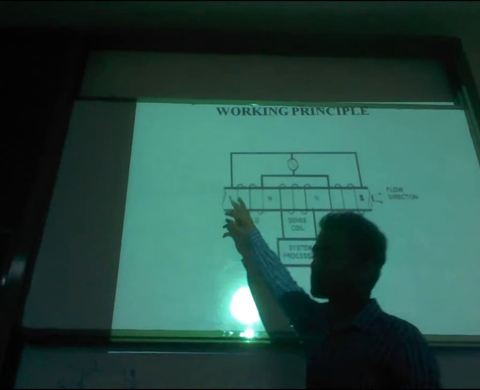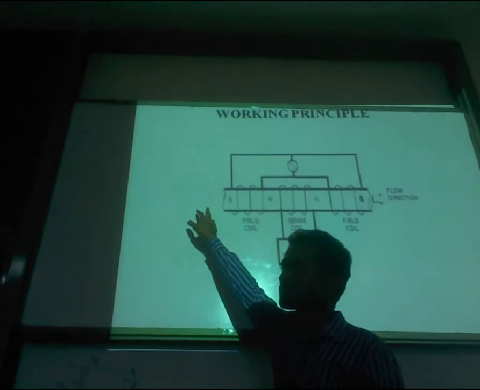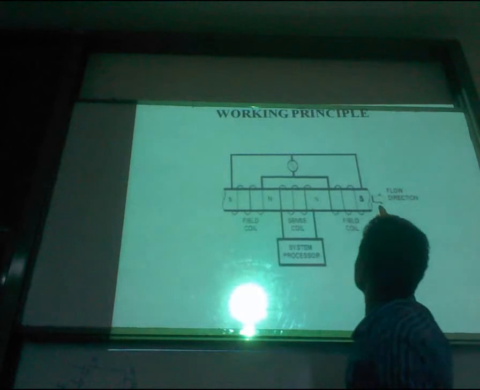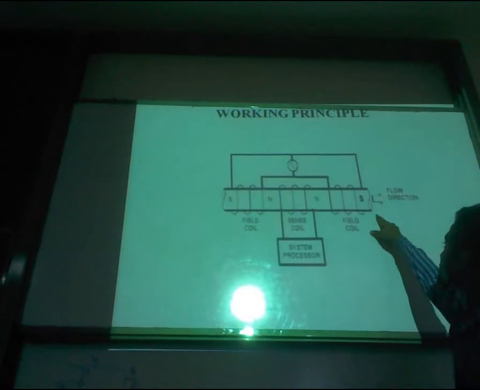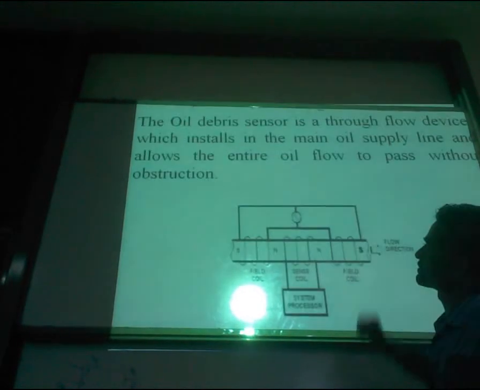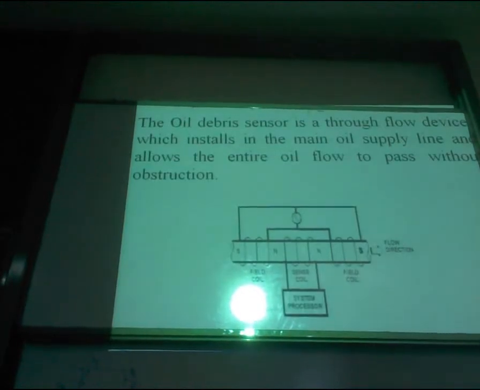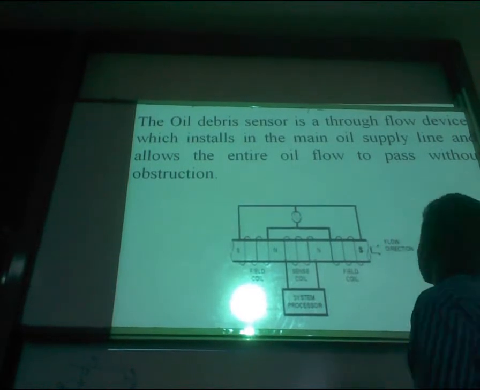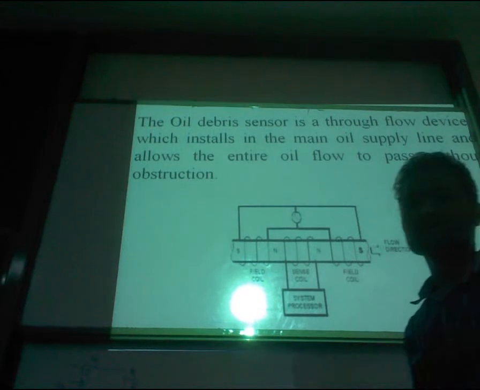The entire oil which is inspected using this sensor is passed through this pipe, and this is the flow direction. The oil debris sensor is a through-flow device which is installed in the main oil supply and allows the entire flow to pass without obstruction.